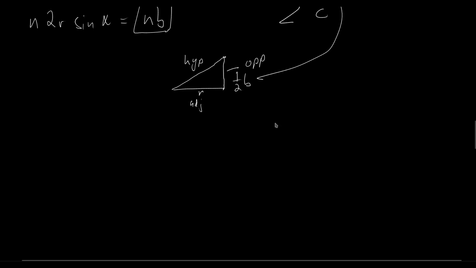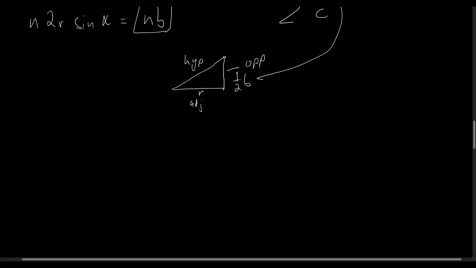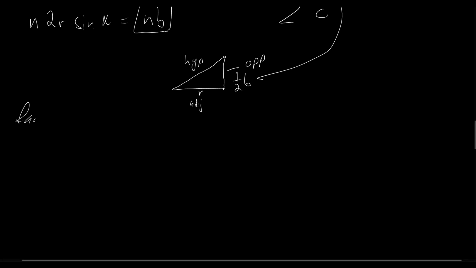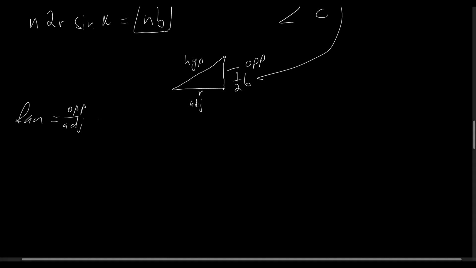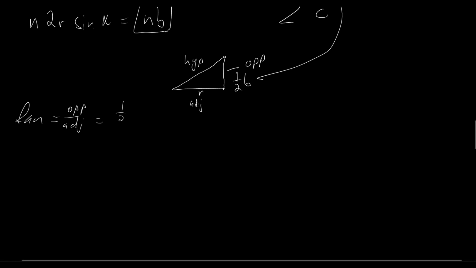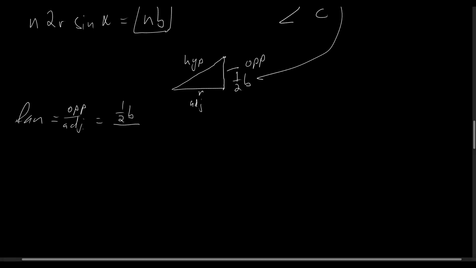So here again we can use tan. So tan is equal to the opposite over the adjacent, which is equal to 1/2 of b over the adjacent, which is r. Again, rearranging the equation, we get r tan alpha is equal to 1/2 of b.